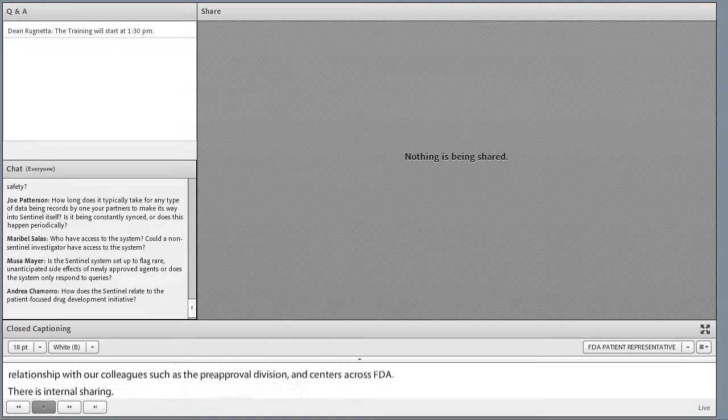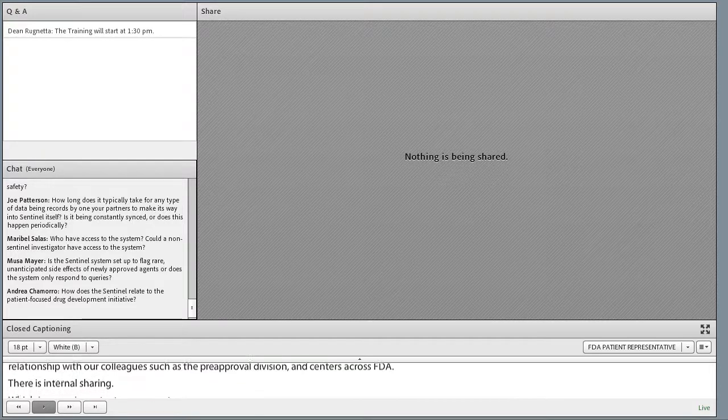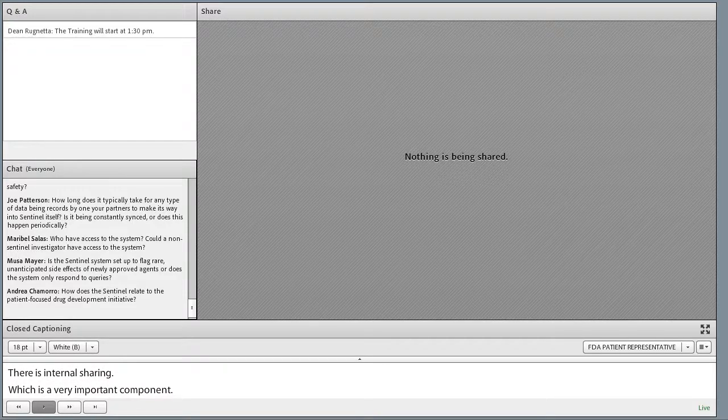Now for external sharing, the scientific aspect of it, we can and often do participate in scientific meetings and attend conferences and publish in journals and publish abstracts. And I believe that at last year's International Conference on Pharmacoepidemiology, we had over 20 abstracts and 3 symposia.